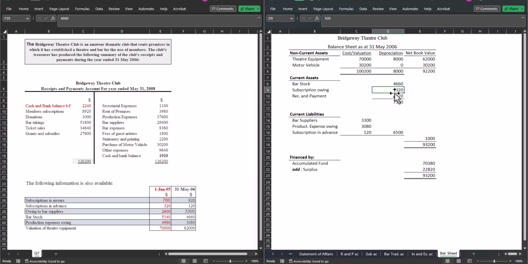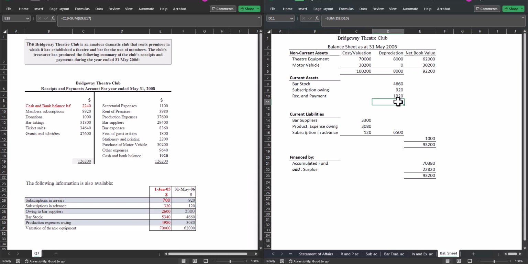It is different from an expense. If it's an expense owing, it means we are owing. That's a liability. The receipts and payment amount, which is your closing balance of 1920. Either you write receipts and payment or you write cash and bank. It makes no difference. You add these three figures together, you get your total for your current assets.